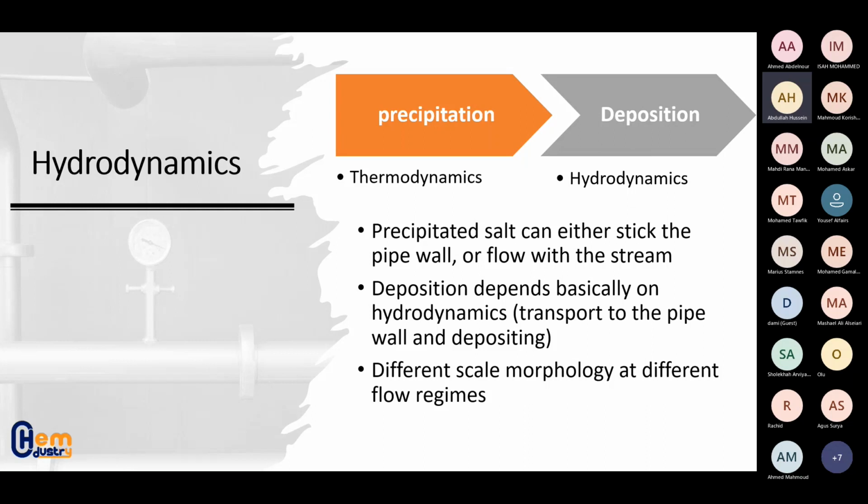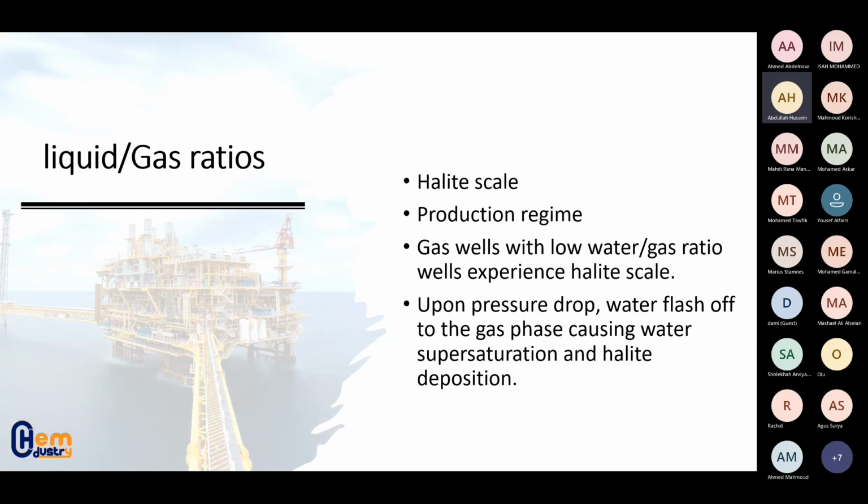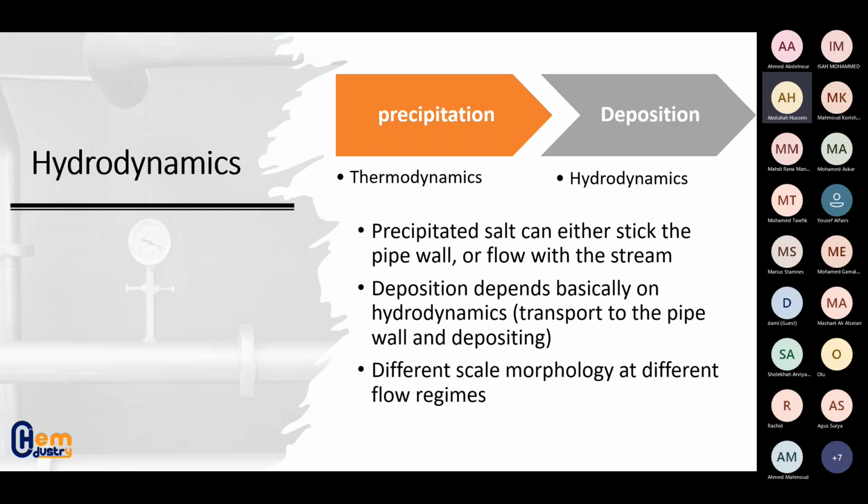So if you have a good look at your production system and make sure your hydrodynamics are good enough to scrub the scale or the solids somehow, this can make your system a little bit safer. Also, one thing about the hydrodynamics, sorry about that, is that again, in most cases in the scale prediction software, they do not include a lot of hydrodynamics in there. And this is something that can make the scale prediction calculations not really accurate sometimes.